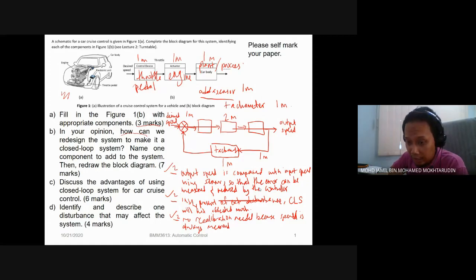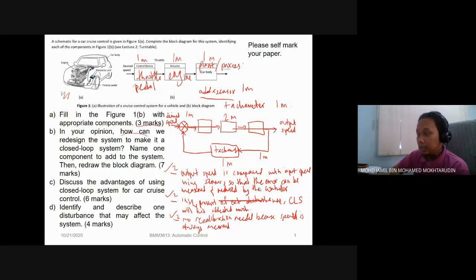As for equally accurate and not disturbed in the presence of non-linearity, that is like the disturbance point earlier. Point number 2: maintain the vehicle speed at a constant or reference speed. So that's the first point. The output speed is compared with the input speed.